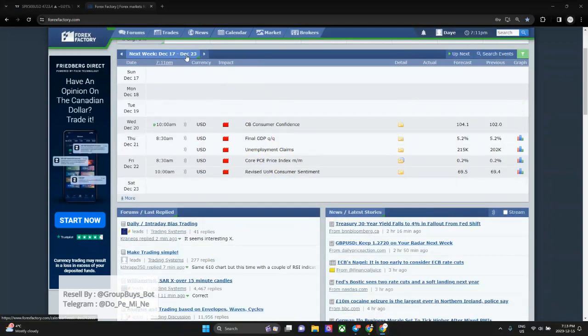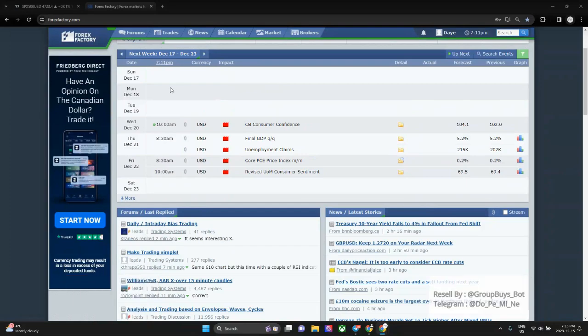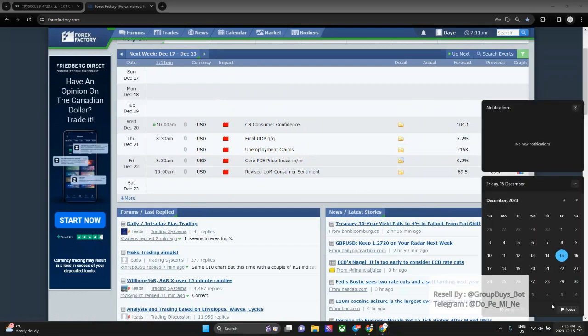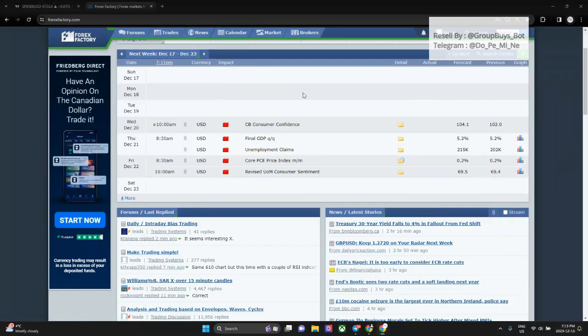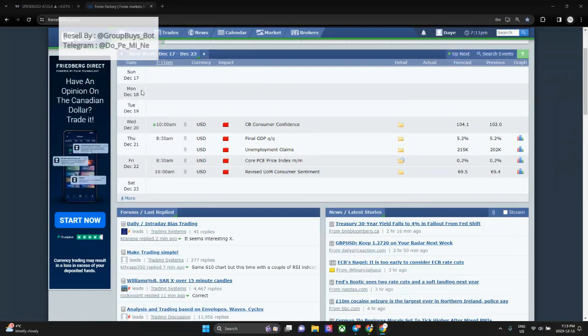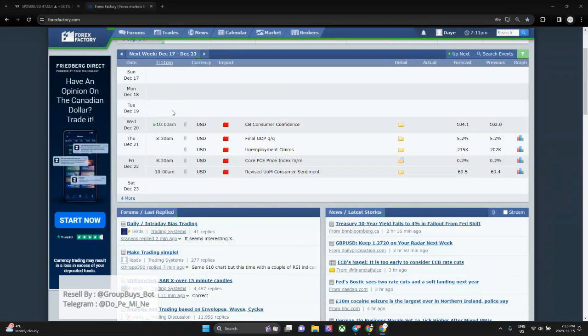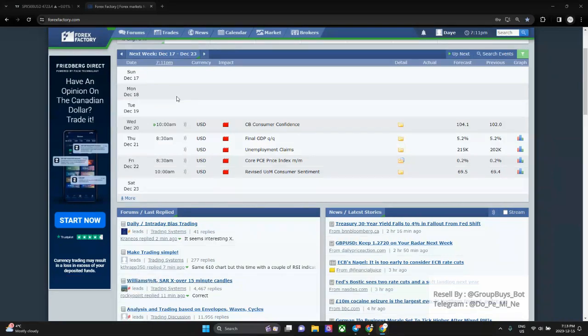Let's see. So this is the date. Okay, this is the data for next week. So Monday, no news. Tuesday, no news, which means that we're probably not going to trade these days unless we see some scalp setup form.